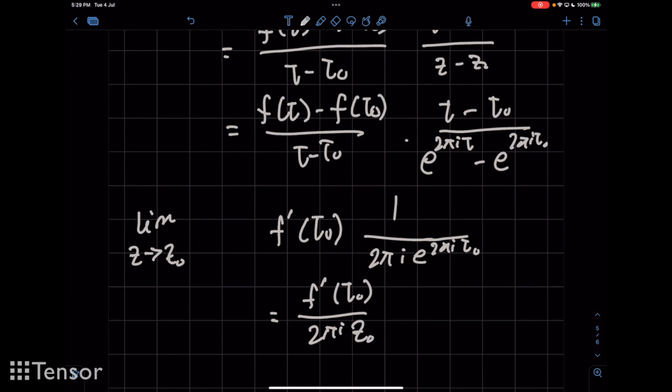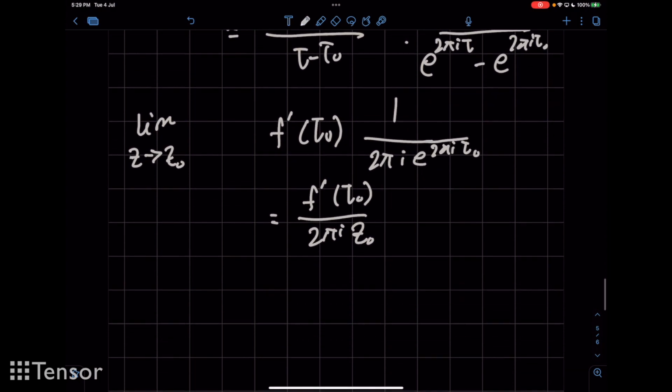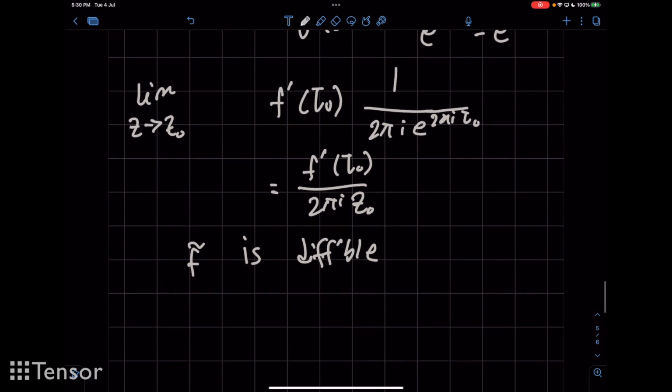Therefore we have seen that f tilde is differentiable because the derivative exists at each point of our domain. And it's differentiable, so therefore it's holomorphic.